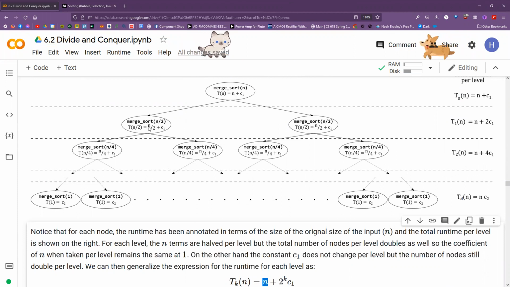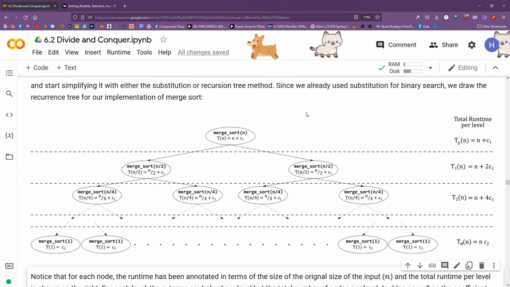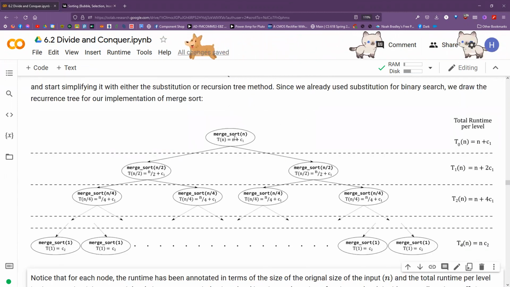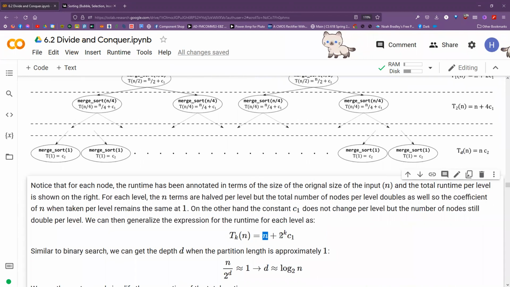So we just have to count kung ilang functions ang meron tayo per level. So since yun nga, as in yung merge sort natin makes two partitions, so dalawang decision magkakaroon ng recursive call. So magdo-double siya every time or 2 to the level na number of functions in a level.